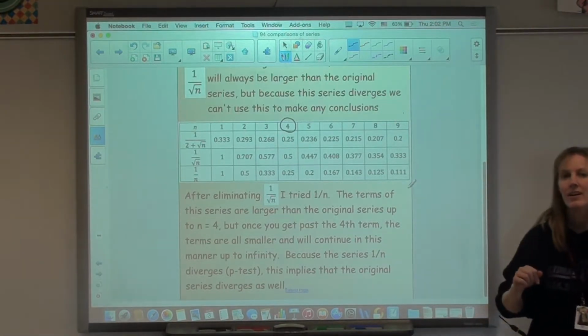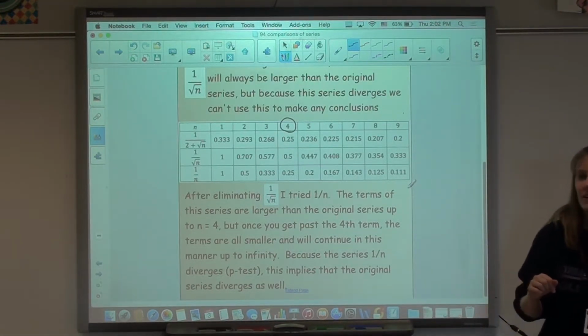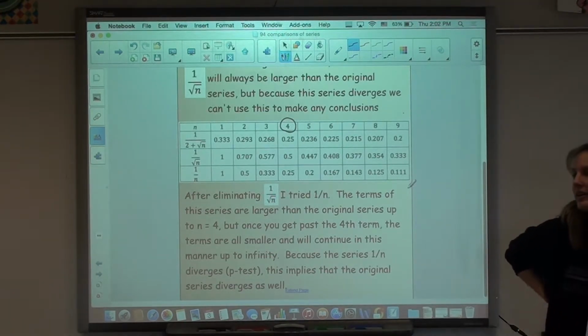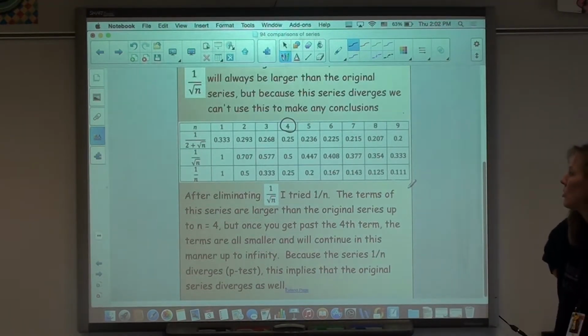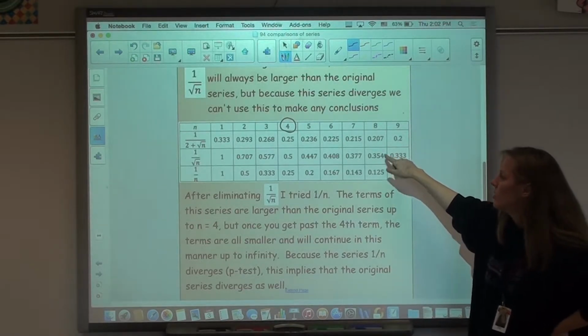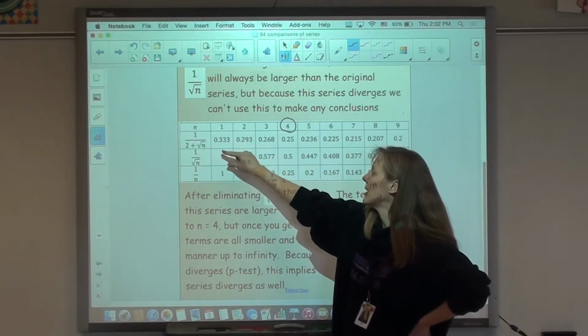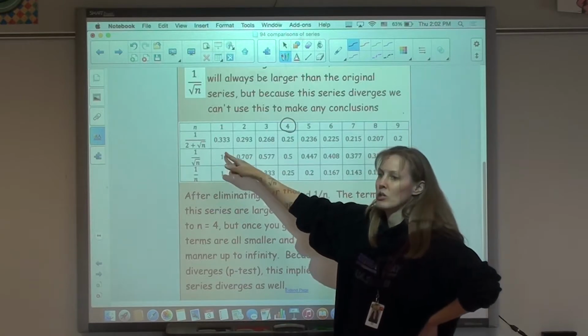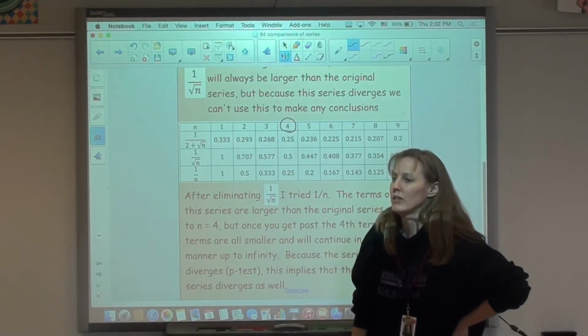Wait, could you use 2 over root n? It just makes this even bigger, right? If you have 1 over root n and it's already bigger, and you do 2 over root n, you want it to still be bigger.